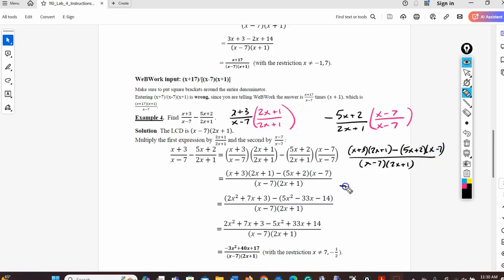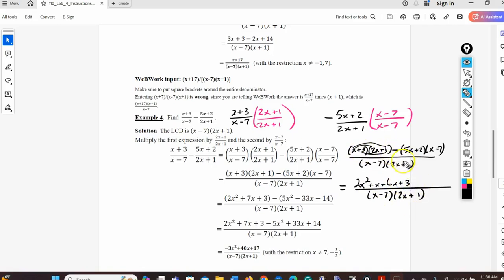Okay. And so this is going to give me 2x plus 1. So now I'm going to have to FOIL this. So x times 2x is 2x squared. x times 1 is x. 3 times 2x is 6x. 3 times 1 is 3.